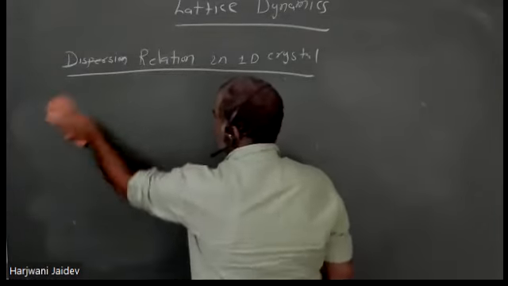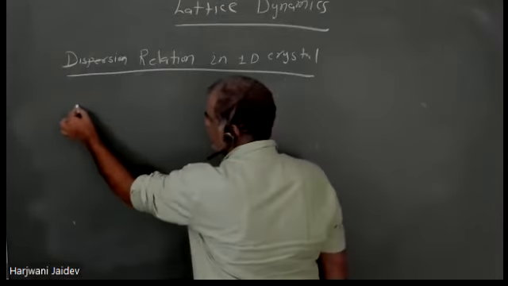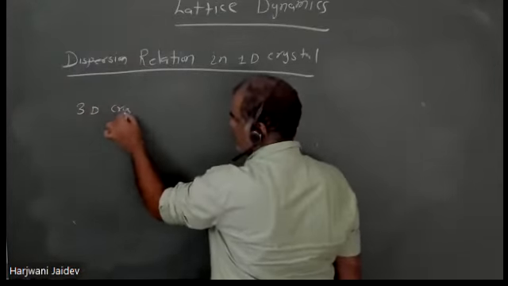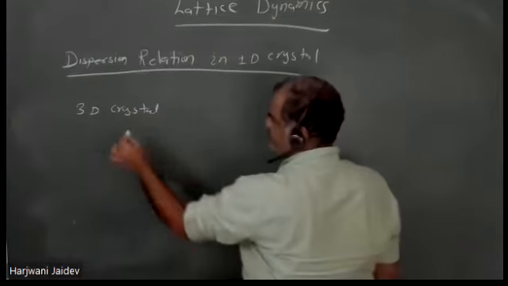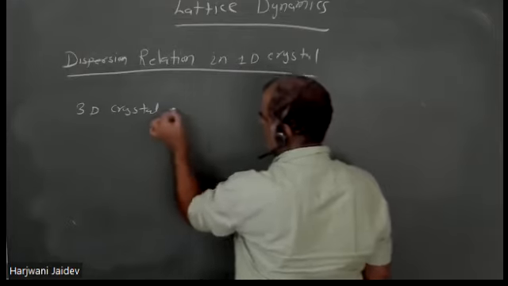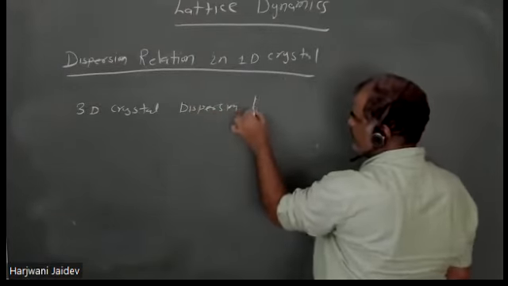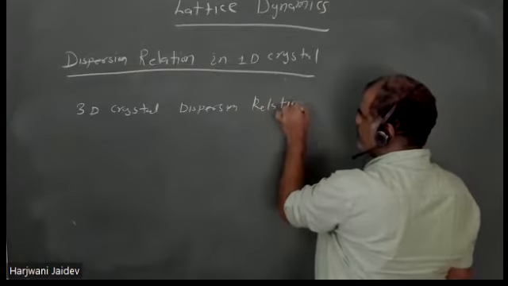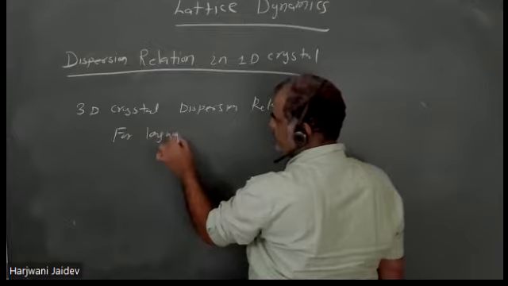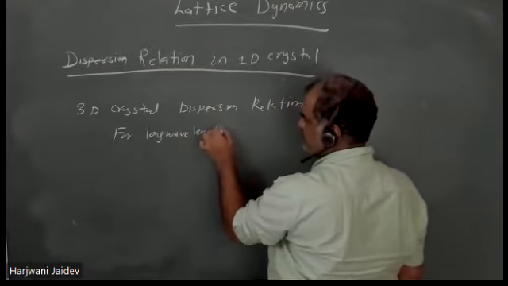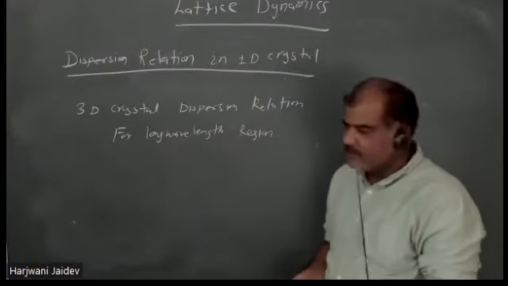So now we have derived this formula for the 1D case. Can you derive this relation for the 3D case? For a 3D crystal, can you derive the dispersion relation for the long wavelength region? Please derive for the 3D case.